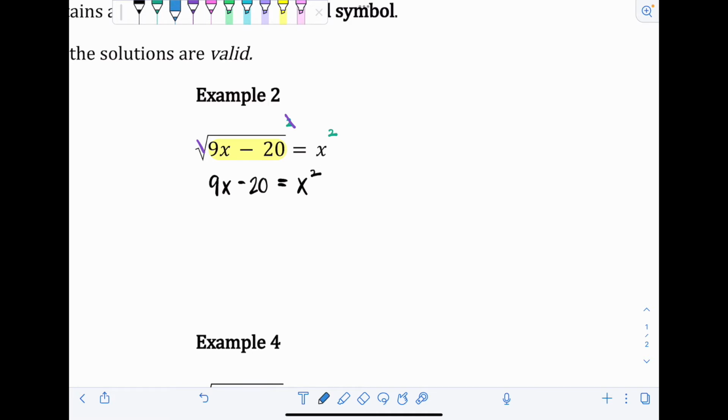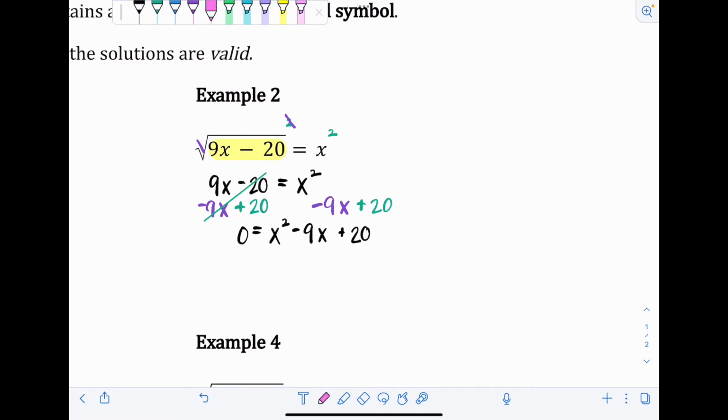Instead of that, I'm going to subtract the 9x over after the x squared, and then add the 20 over after the 9x. So these will cancel, and then I'll be left with 0 is equal to x squared minus 9x plus 20. Now I have a quadratic in standard form.